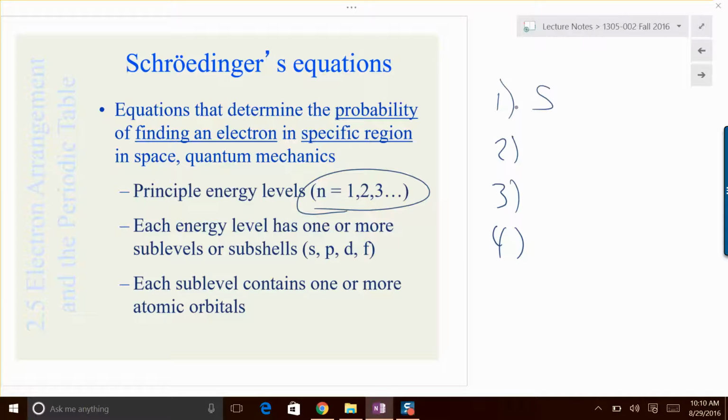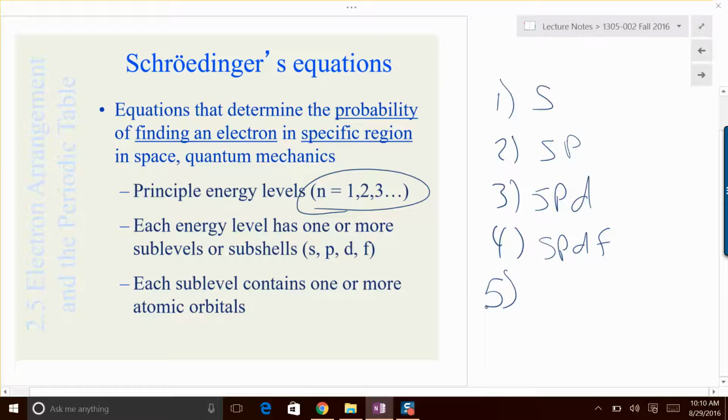Principal energy level 2 has how many sub-energy levels? 2, S and P. Principal energy level 3 has 3, which are SPD. Principal energy level 4 has 4, which is... So what do you think about principal energy level 5? How many sub-energy levels does it have?